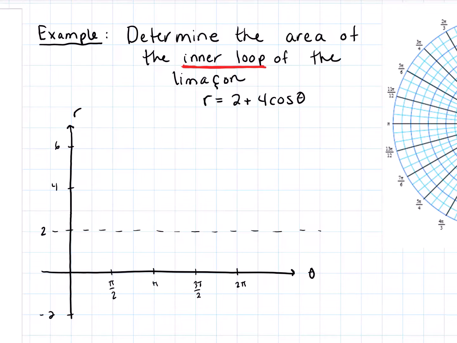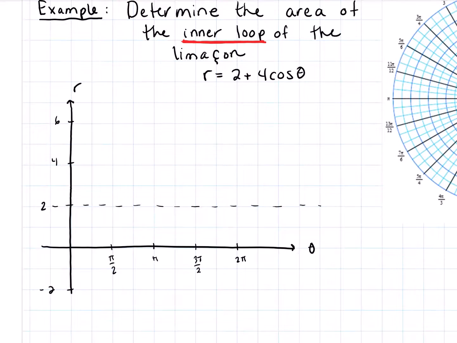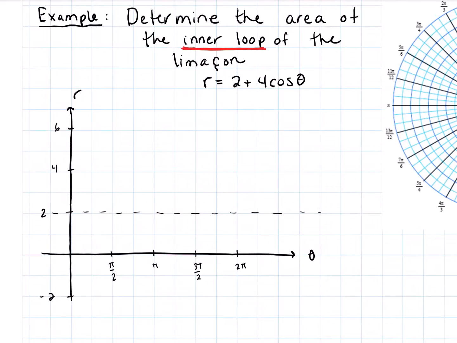So let's get that graph first. This is r equals 2 plus 4 cosine of theta. If we want to graph that polar curve, I like to graph the r versus theta curve first. I already got my coordinate system set up ahead of time. This is a cosine curve shifted up 2 with an amplitude of 4.